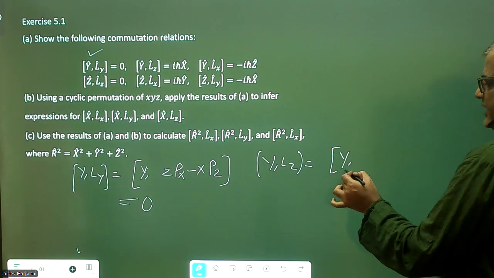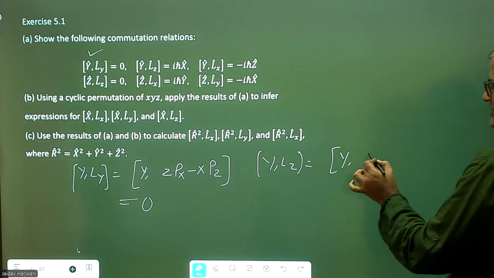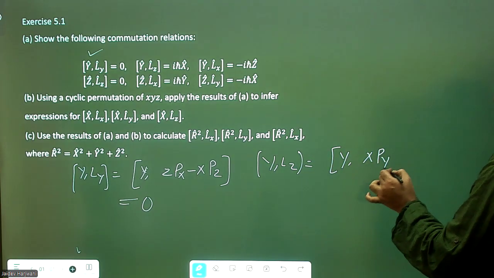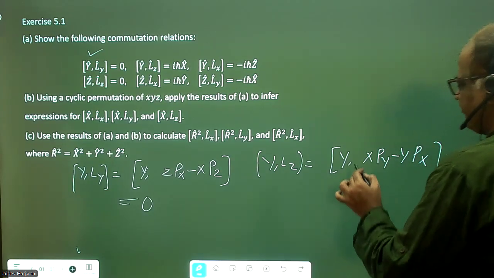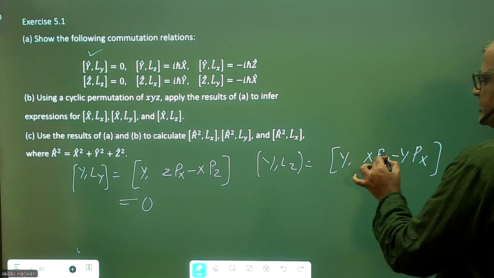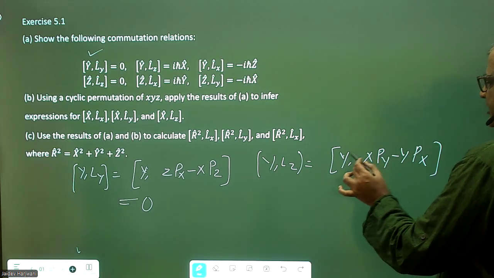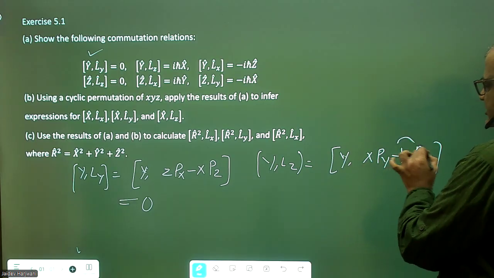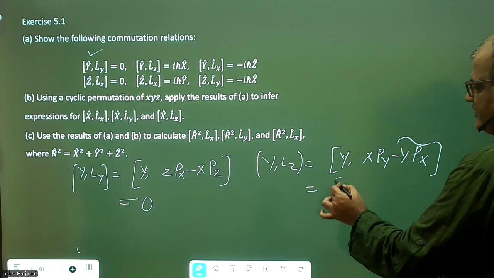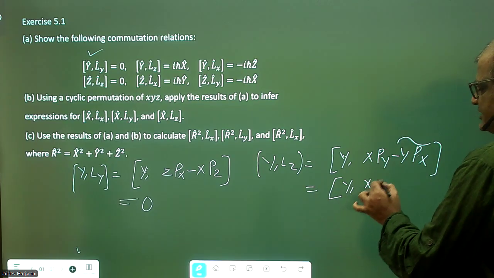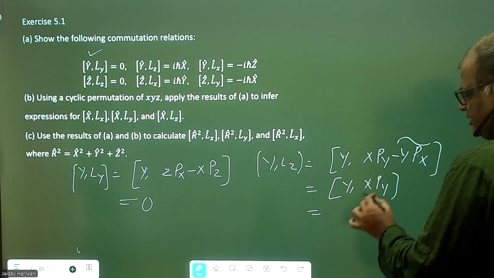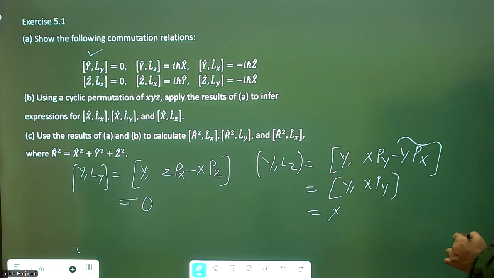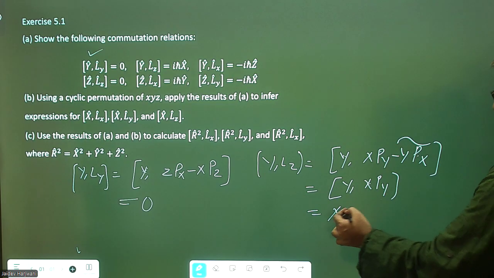So y, Lz. How do I write Lz? I start with x, then py, then y, then px. Now here, y commutes with x, y does not commute with py, and y commutes with y, commutes with px. So this term is not important; I can leave this one. So the only important term is x, py. And here also y and x commute, so I can simply take it out of the bracket.